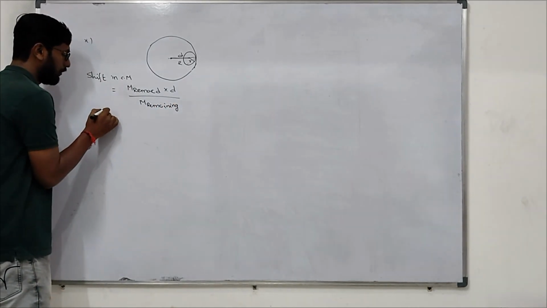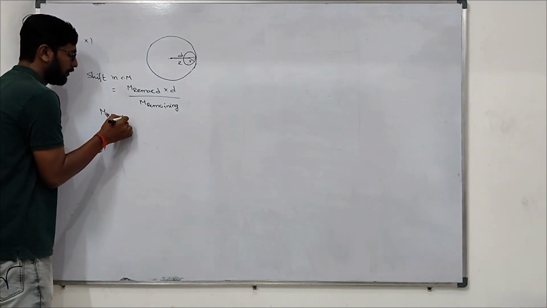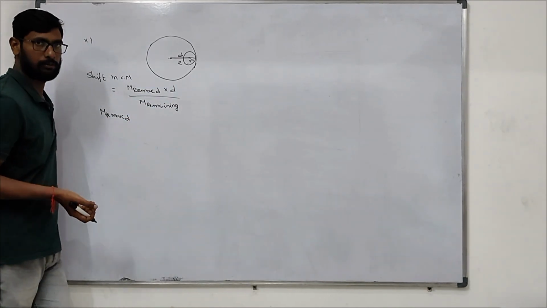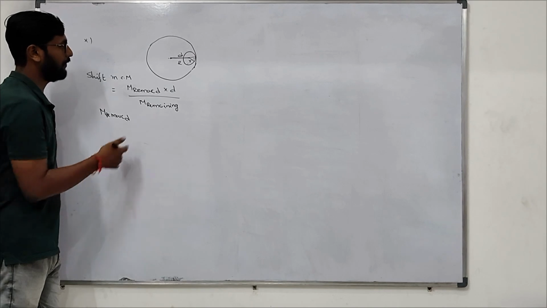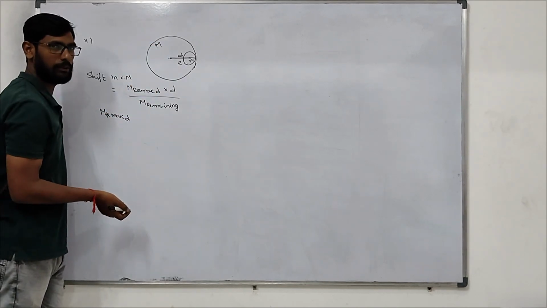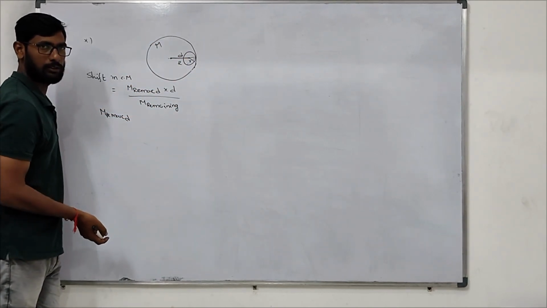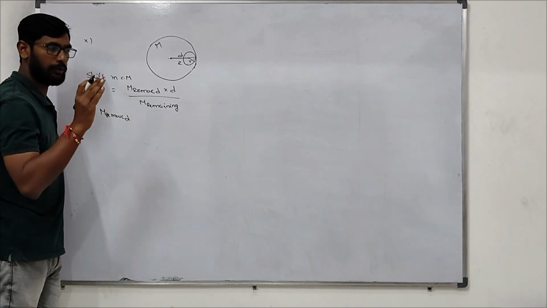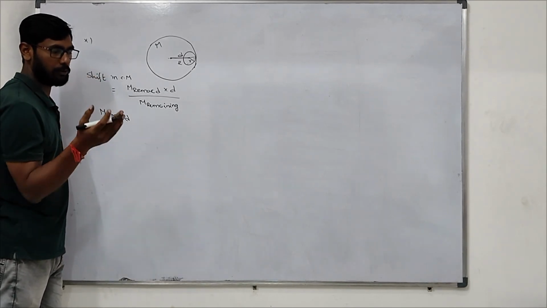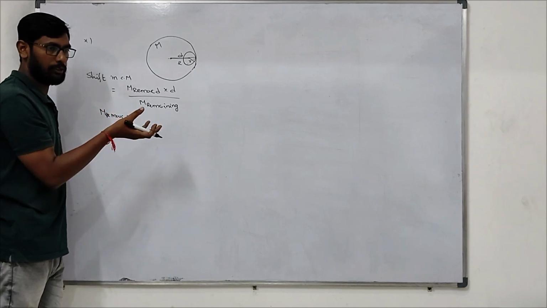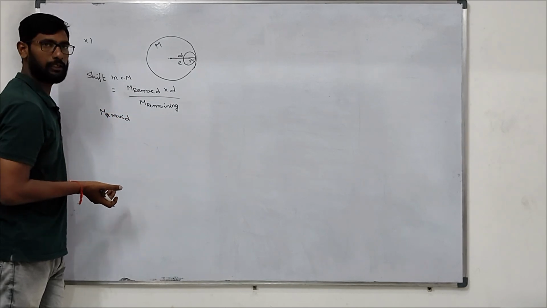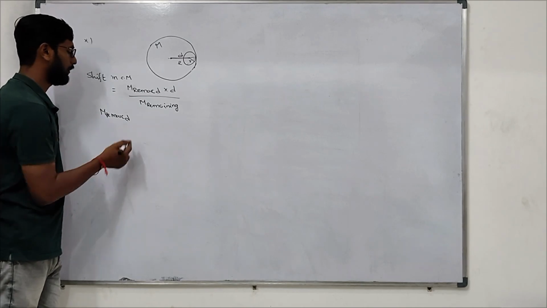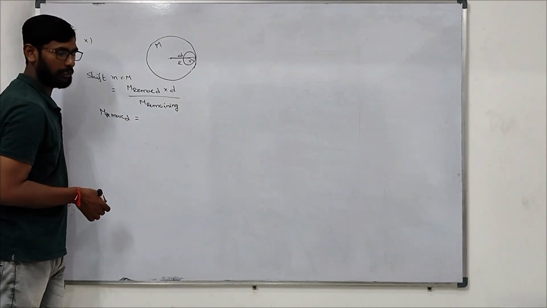Mass removed will be what? Even if you consider the mass of this is capital M, we don't know what is the mass of this. See there, you have taken 1/4 of the portion, so total mass is capital M means the removed portion is M by 4. But here we don't know the removed portion. We have to find removed portion mass.